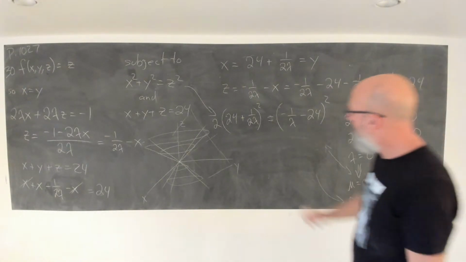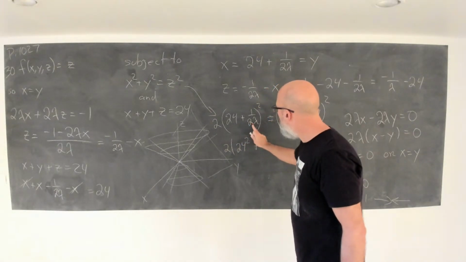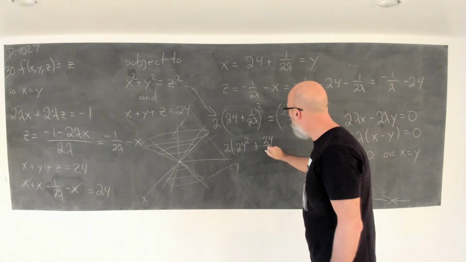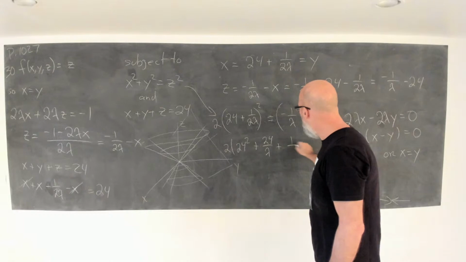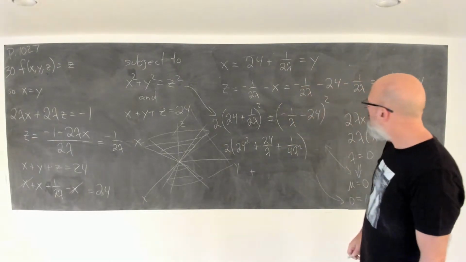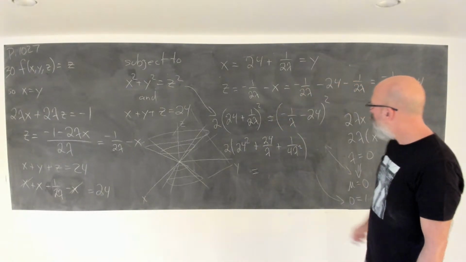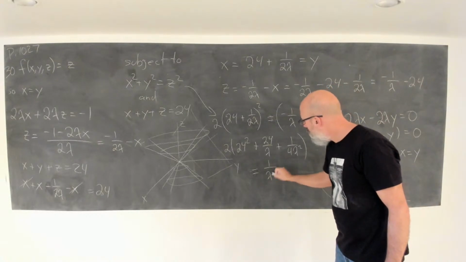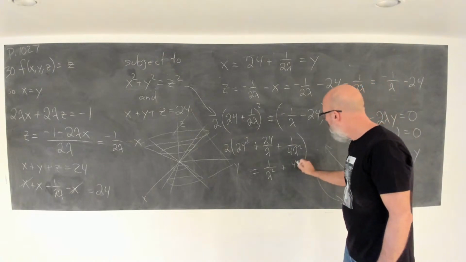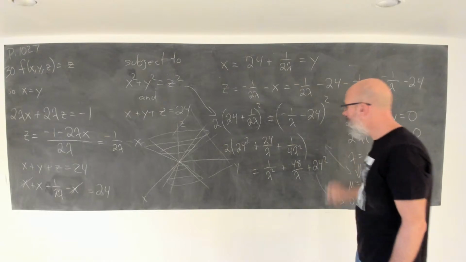Let's multiply that out. 24 squared, this times 2. That's 24 over lambda and 1 over 4 lambda squared is equal to 1 over lambda squared, this times 2, 48 over lambda, and 24 squared.